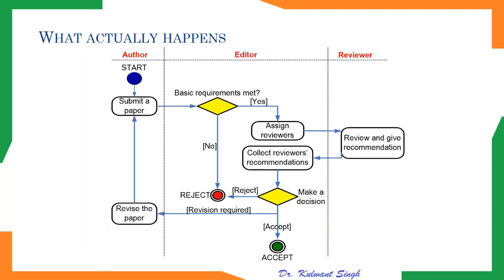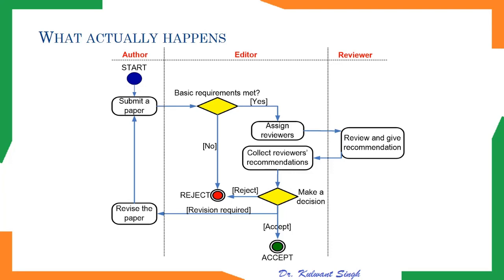Once an author submits the paper in the journal, first of all, the paper will be handled by the editor. At this initial stage, the editor checks the basic requirements of the journal.